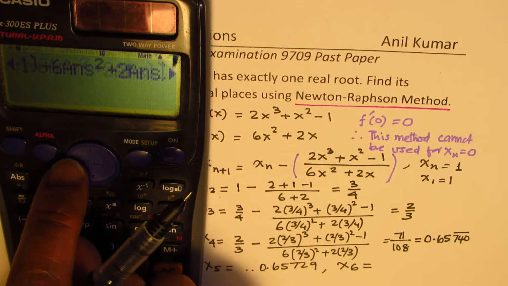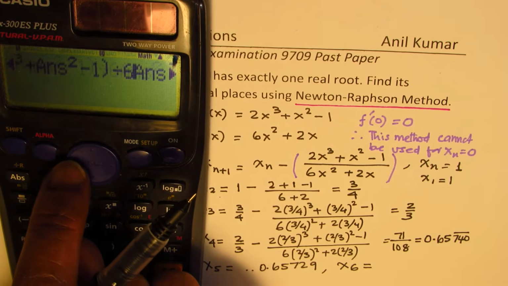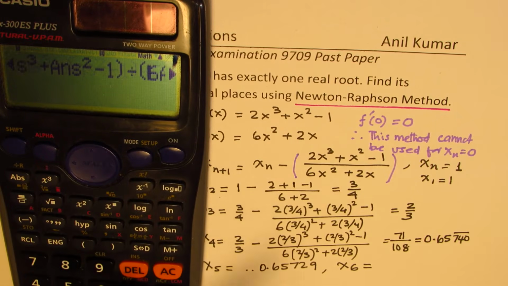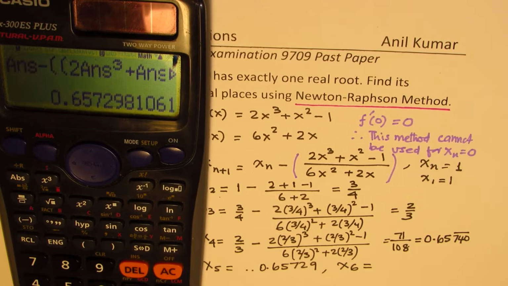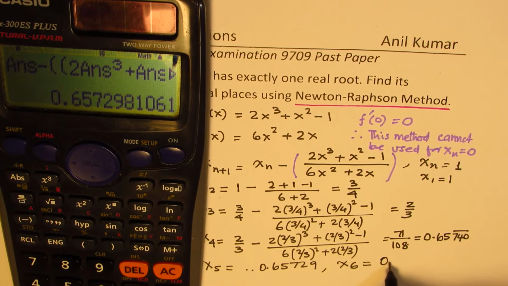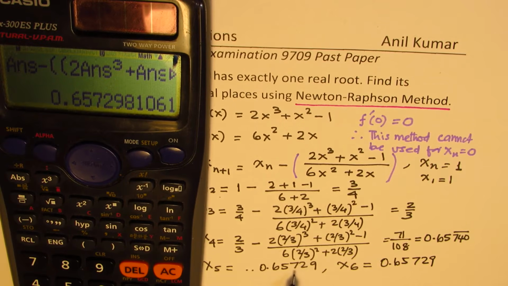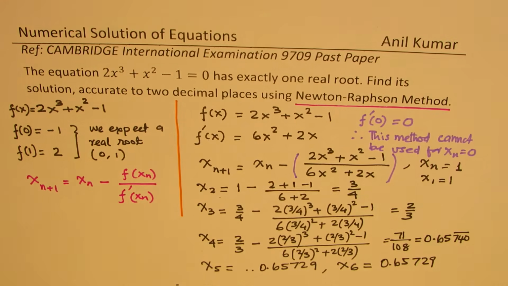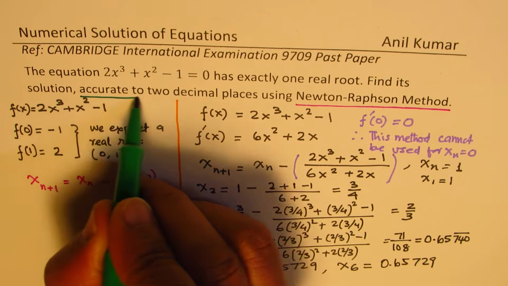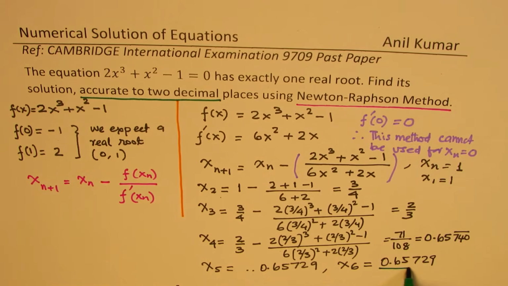Okay, we didn't put a bracket here. Let me put the bracket here. I think that should be fine. So we get our answer as 0.65729, right? So 729 is matching. Now we do have a fairly good answer to 2 decimal places. That is what was required, right? So accurate to 2 decimal places, we have our answer here.